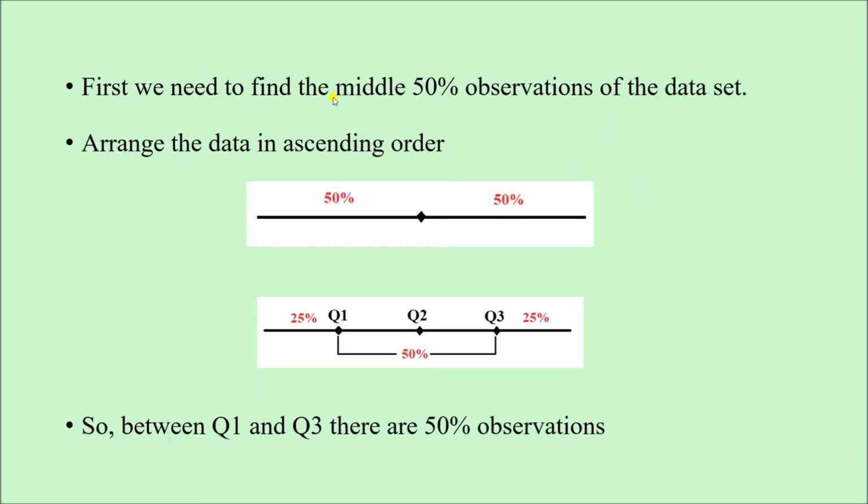Now if we put a point in the center of a dataset, it divides the dataset into 2 equal parts, each having 50%. But what is the problem here? The problem here is we have a lower 50% value and upper 50% value, right? So lower 50% observations here and upper 50% observations here. This does not give us the middle 50% observation.